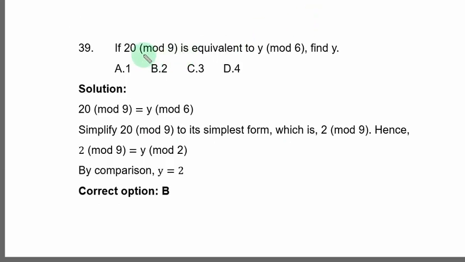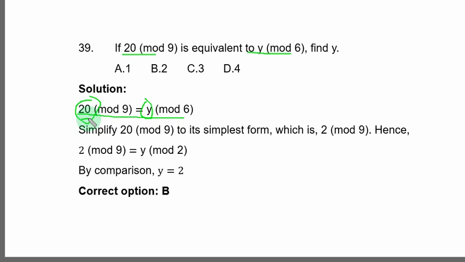Question 39. If 20 modulo 9 is equivalent to y modulo 6, find the value of y. This is what we have here. It simply means that what you have here, 20, is equal to y, but 20 is not an element in modulo 9.